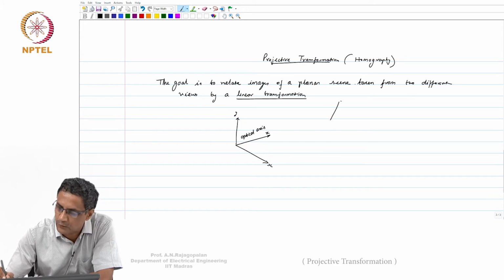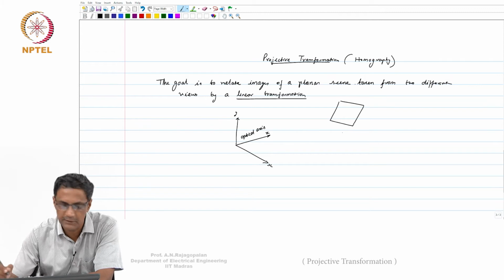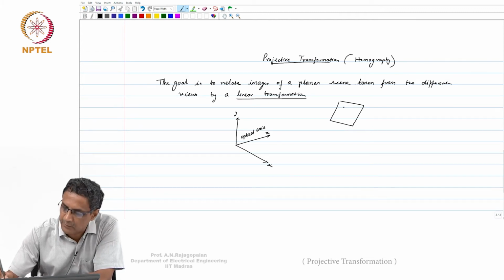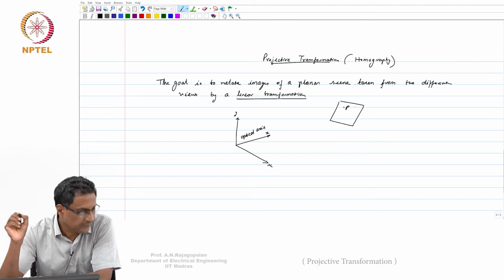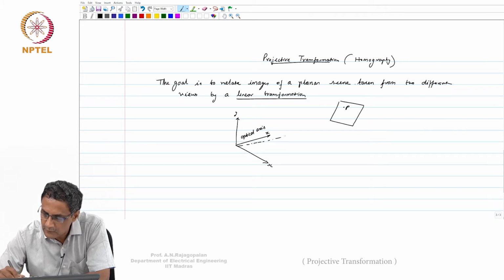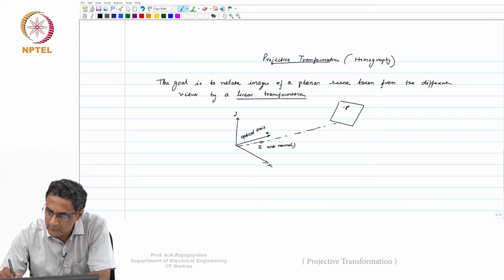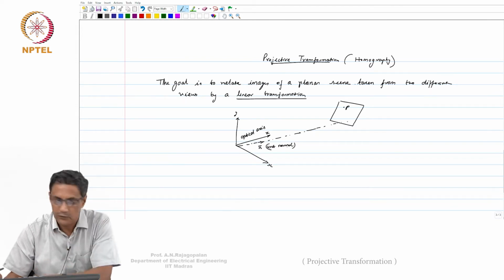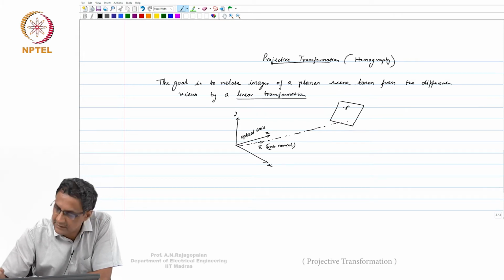Some plane is out here, which we are imaging. We are trying to capture an image of this plane, and let's say there is some point P sitting on that plane. Let me draw a unit normal to this plane. So this is some n, which is a unit normal, and d is the perpendicular distance.